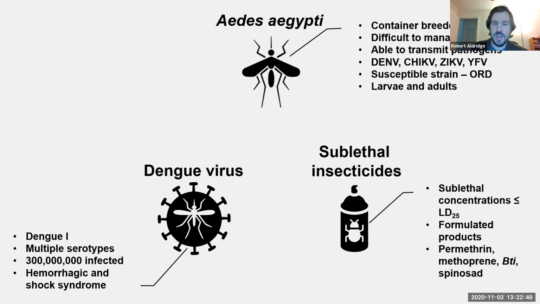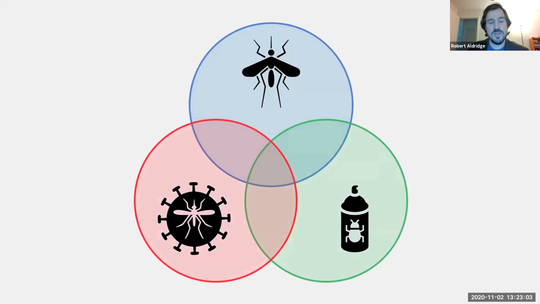I'm interested in looking at formulated products, and these include things like permethrin, methoprene, BTI, which is short for Bacillus thuringiensis israelensis, and spinosad. So these three combine to form kind of a complex structure that interact with one another.